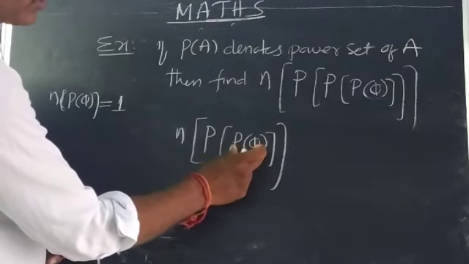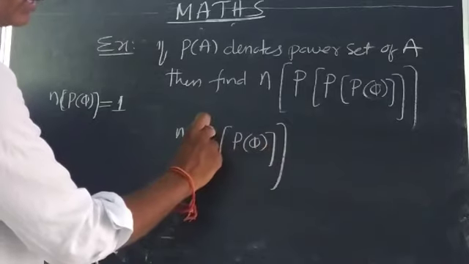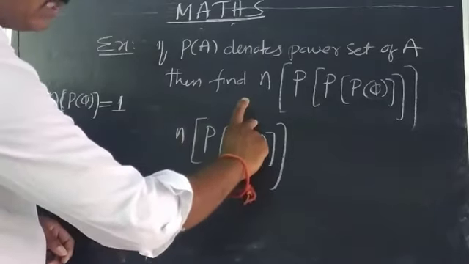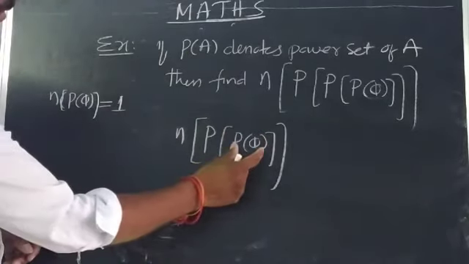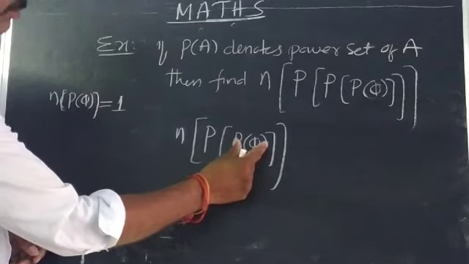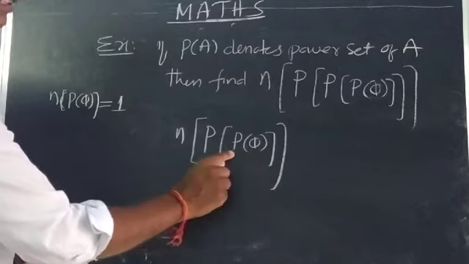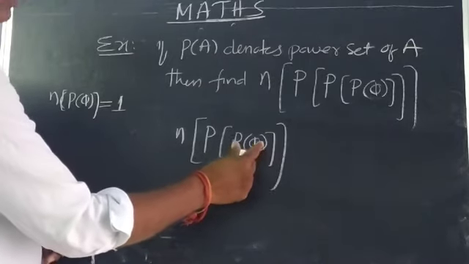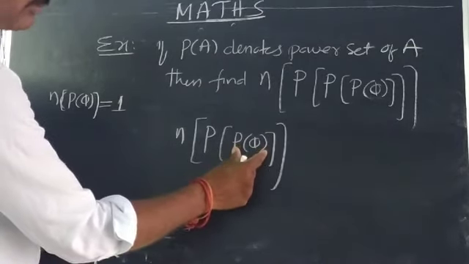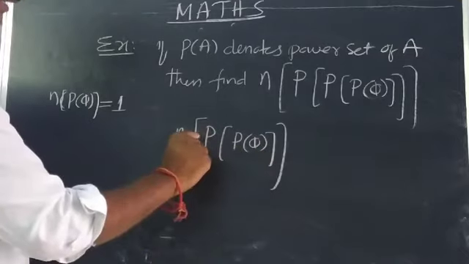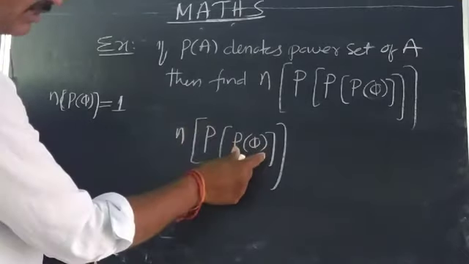That means if you know the number of elements in this set, you can find the number of elements in the power set of this set. Understand what I am saying? Consider P of phi totally as a set. If you know the number of elements in this set, we can find the number of elements in the power set of the set.